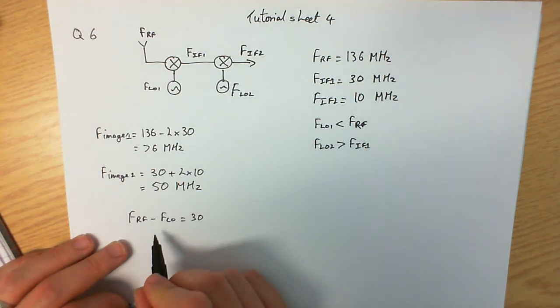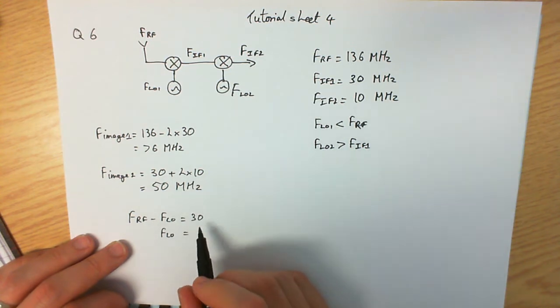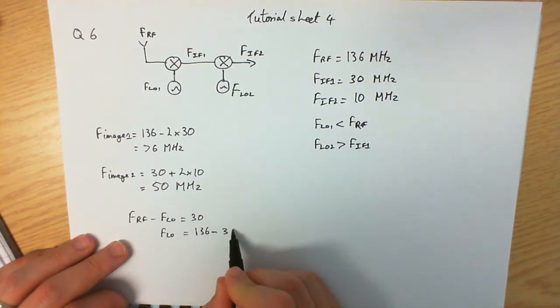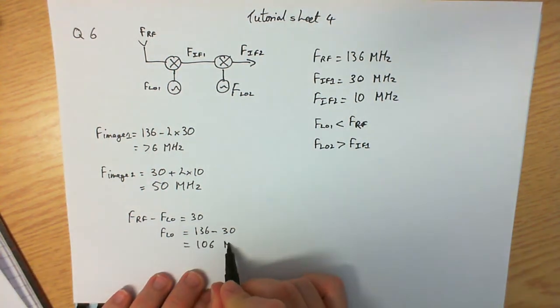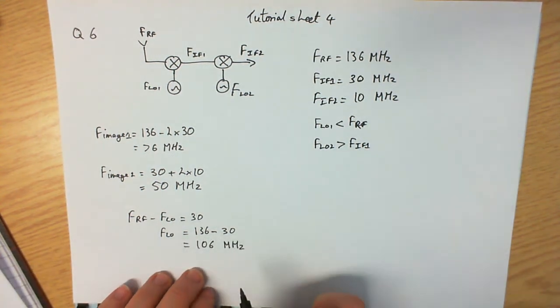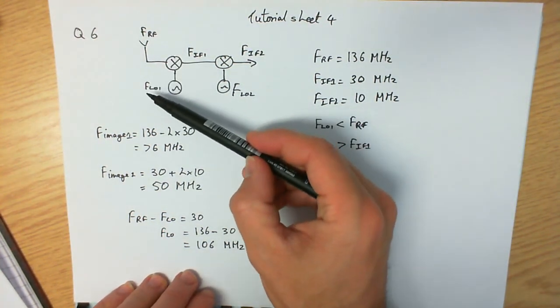In other words, our FLO is equal to 136 minus 30, which is 106 megahertz. So this is going to be our local oscillator frequency.